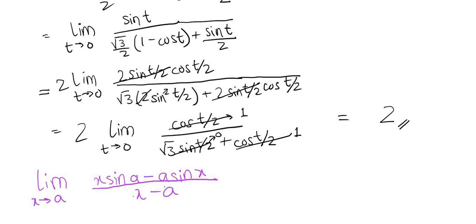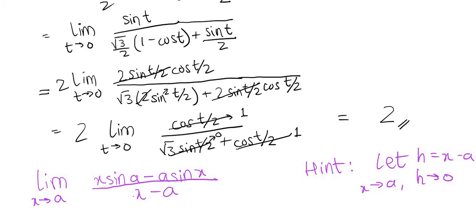Since x tends to a and there's an x minus a term, this is a good candidate for substitution. So I'll just give you a hint. Let's say h equals x minus a. When x tends to a, h tends to 0. So when you do that substitution here, you'll have to use some trigonometric identities and then you'll get the answer finally.